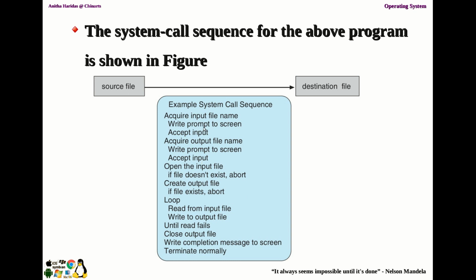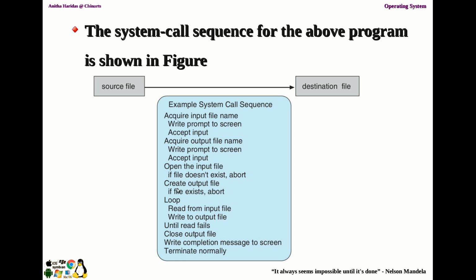Once you get the source file name and the destination file name, you need to open the input file. When you open the input file, automatically the operating system has to check whether the file exists or not. If you try to open a file which does not exist, obviously the system call will give you an error and it will abort the program.